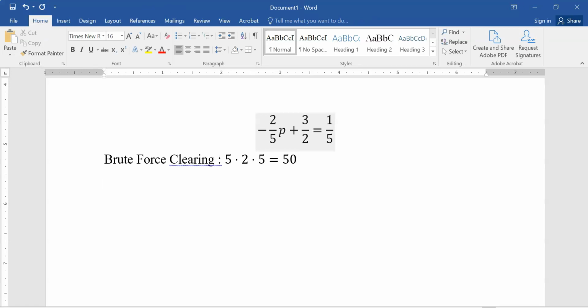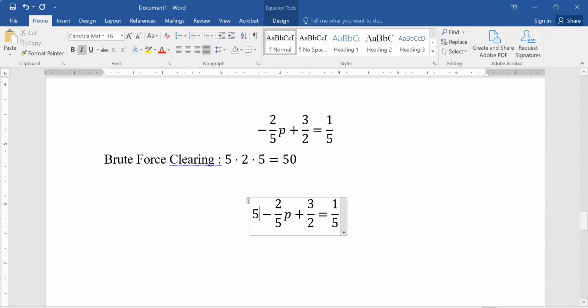So there we go. We take our equation and we multiply the left-hand side by 50, and then we multiply the right-hand side by 50. Now on the left-hand side, we have to distribute: 50 times -2/5 p.